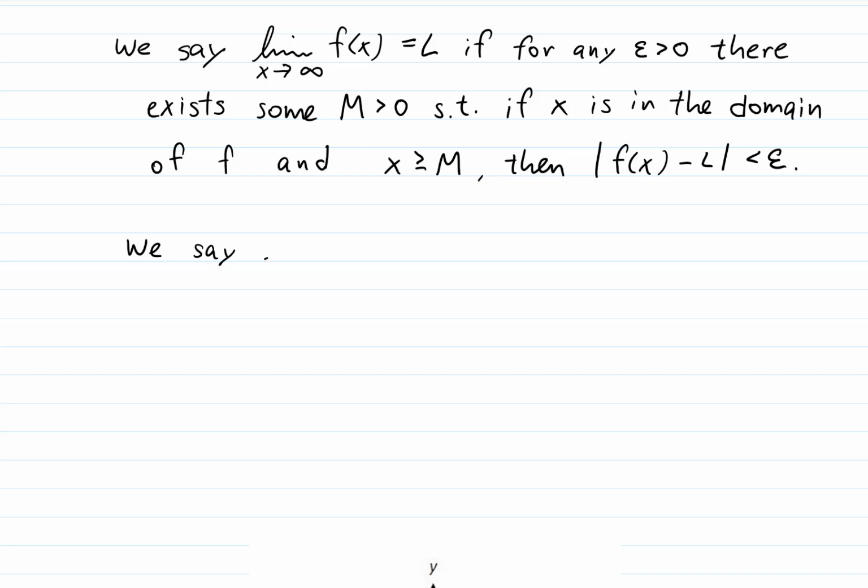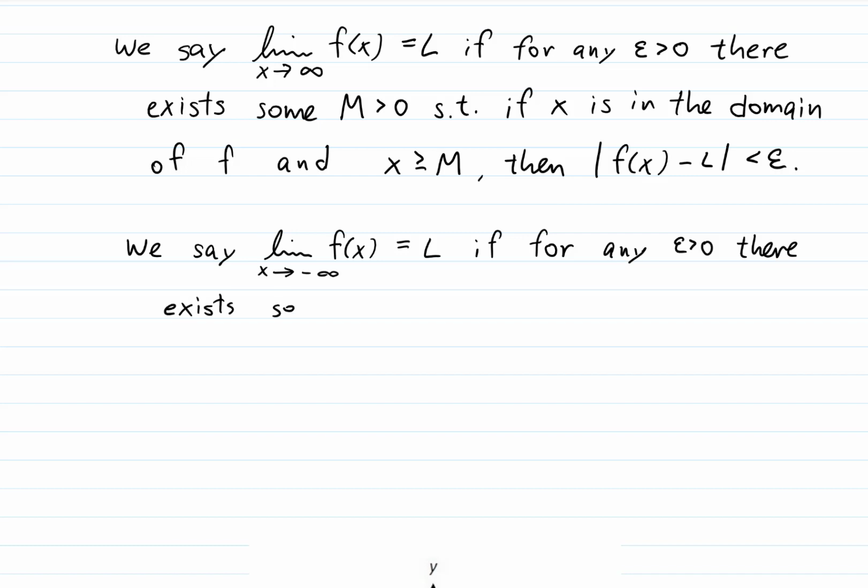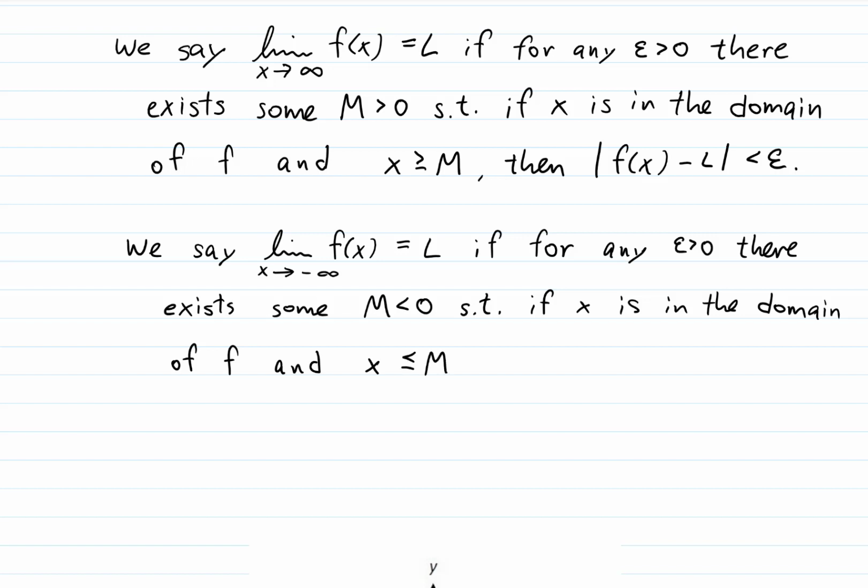We say the limit of f of x as x approaches negative infinity equals L if for any epsilon greater than 0 there exists some negative number m such that if x is in the domain of f and x is less than or equal to m, then the distance between f of x and L will be less than epsilon.